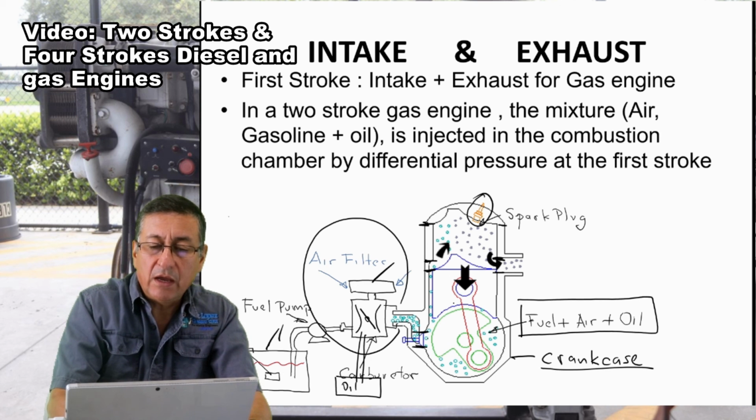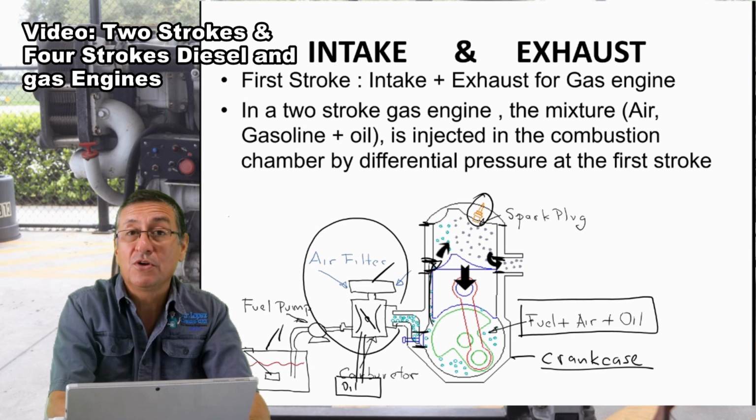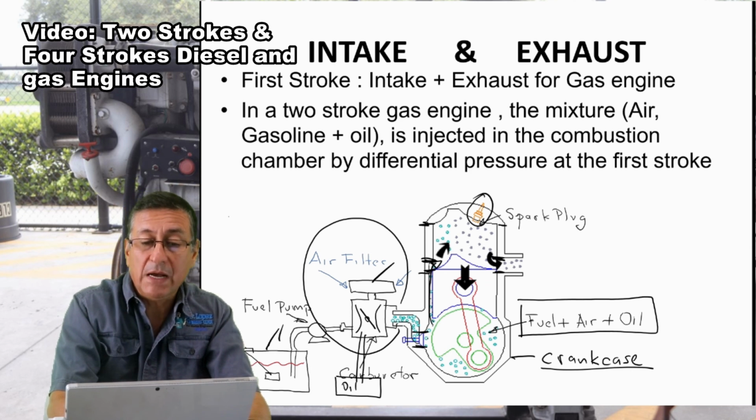And between the cylinder wall and the piston, the mixture goes up here and enters the combustion chamber when the piston reaches the bottom, and this hole is in front of the other hole. In other words, at that moment when the piston is at the bottom dead center, BDC, the fresh mixture enters here with high pressure and pushes the smoke out, and the smoke goes out.